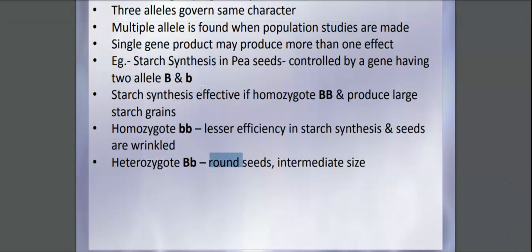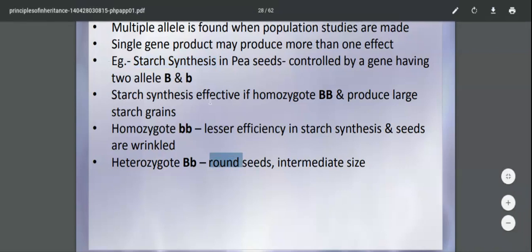So you can see the same gene having two effects. One is how much starch is synthesized, and it is also controlling the shape of the pea seed.